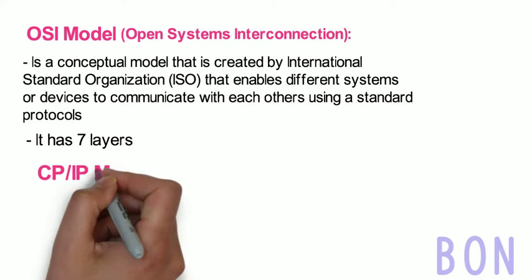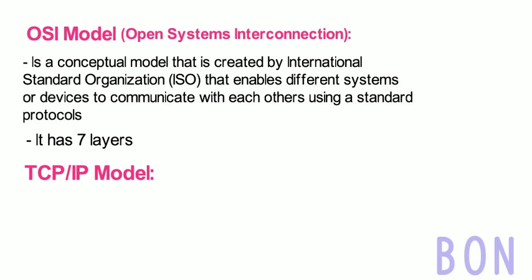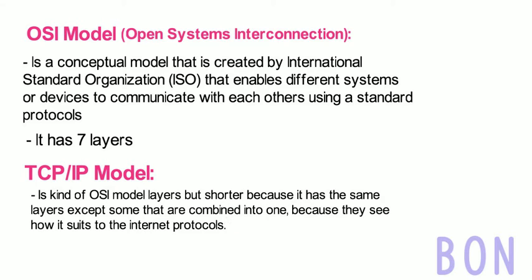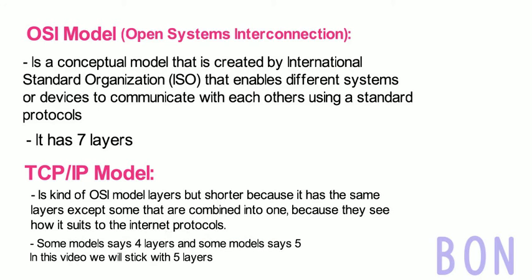The second one we will talk about is the TCP/IP model, which is kind of like the OSI model, but some layers are combined into one, because they see how it suits the internet standard protocols. Some sources say the TCP/IP model has 4 layers, and some say it has 5 layers. We will discuss that in this video.